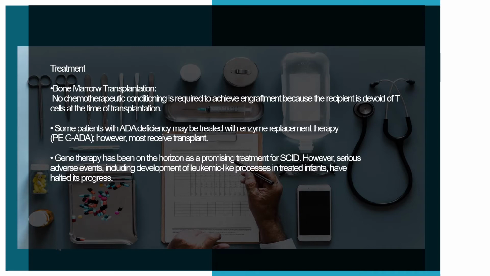Some patients with ADA deficiency may be treated with enzyme replacement therapy. However, most receive a transplant. And lastly, gene therapy has been on the horizon as a promising treatment for SCID. However, serious adverse events, including development of leukemic-like processes in treated infants, have halted its progress.